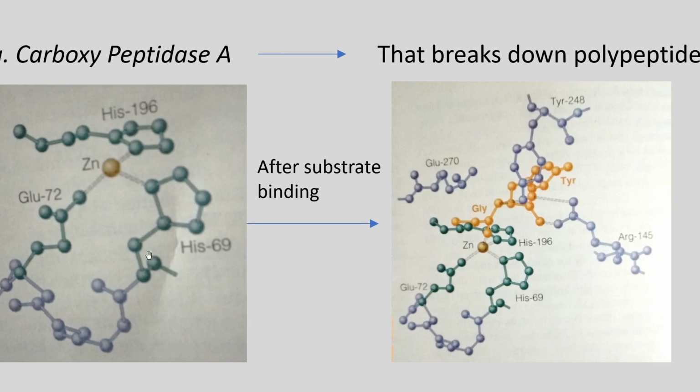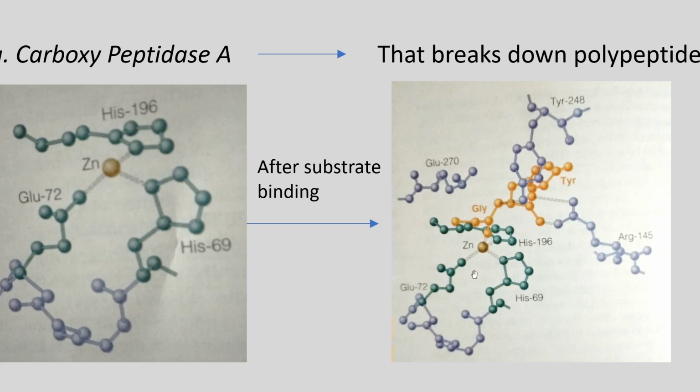This is the structure of carboxypeptidase A that has glutamate at 72, histidine at 196 and histidine at 69, with zinc as the prosthetic group. Now the same structure is here. After the substrate binds, this red-orange structure that you see is the substrate.